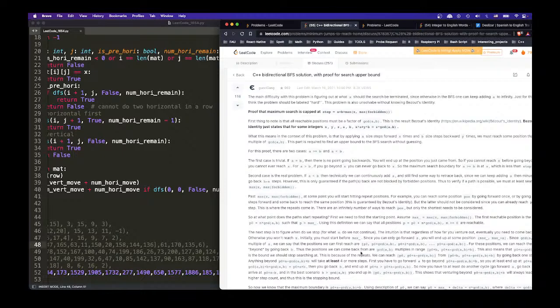Wait, what's P0? P0 is beyond this max. P0 plus A. Because we move from this, we have to go A. And then minus will go back. Sorry, this I don't understand.